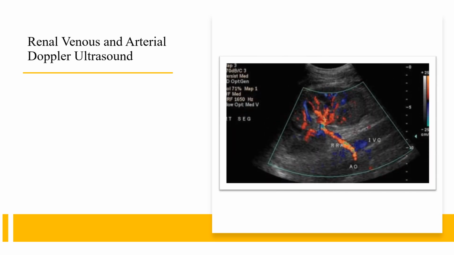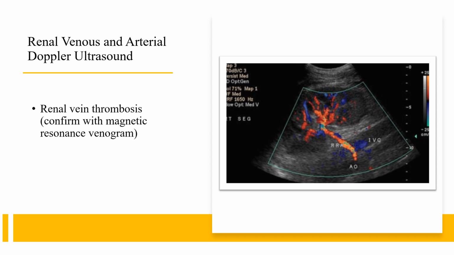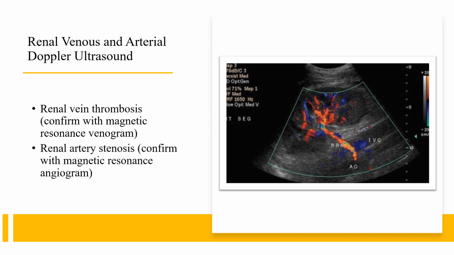A renal doppler may be done to measure blood flow and resistance of large blood vessels supplying the kidneys. When there is suspicion for renal vein thrombosis, a renal venous doppler may be done. Or when there is concern for significant renal artery stenosis, a renal arterial doppler may be done. Confirmation with magnetic resonance venogram or angiogram may be done as clinically indicated.